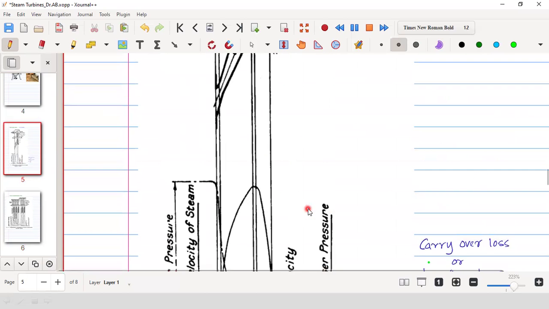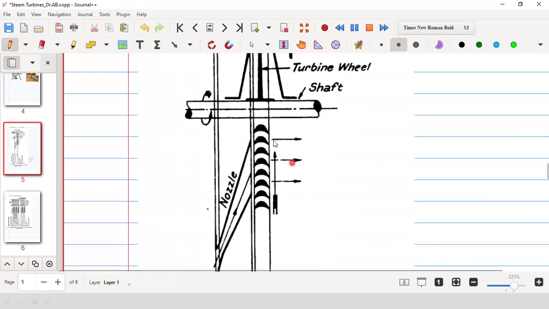This is at the exit from the blade, so the steam has already moved the blade and it is exiting the blade. Here there is no work left to rotate the blade. At the inlet there is a tangential component, but at the exit it should not have a tangential component.